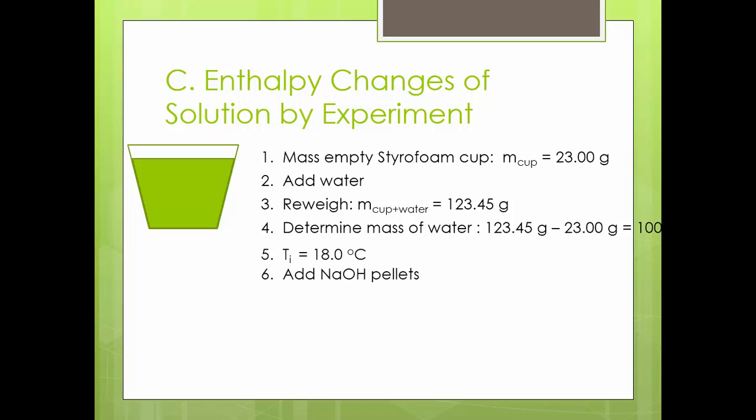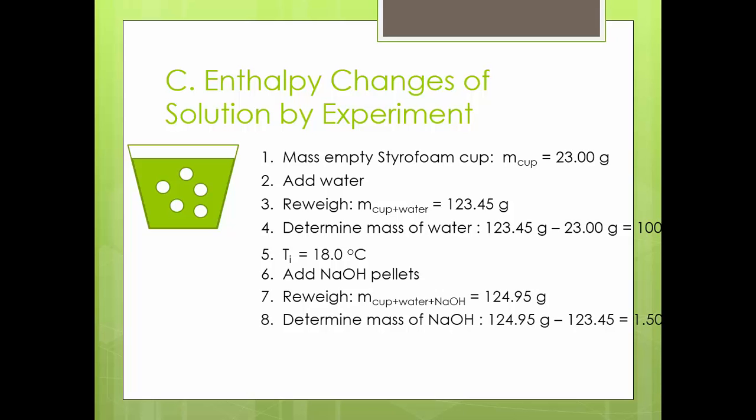You add NaOH pellets, and it doesn't really matter how much, since the amount is determined by the temperature change. And they dissolve. Reweighing gives 124.595, so that would mean you get 1.5 grams of NaOH, and it rises to 21.6 degrees Celsius. The temperature change is 3.6, simple subtraction.